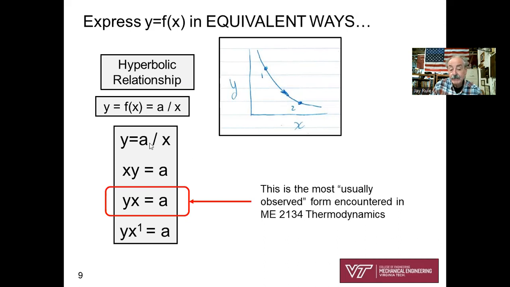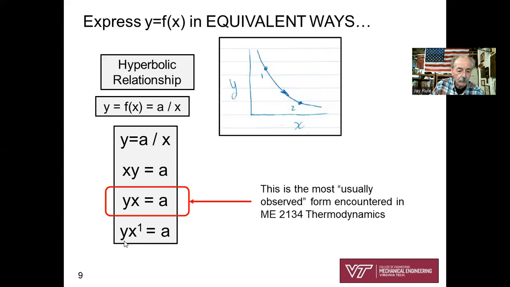Simply multiply both sides by x to get xy equals a. Next line down, flip y and x, yx equals a. Now I've circled that. This is the most usually observed form of the hyperbola that you're going to encounter in your thermodynamics class, yx equals a. And then I'm working up to something else.